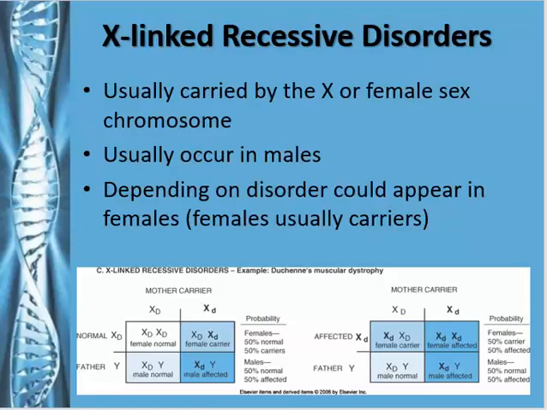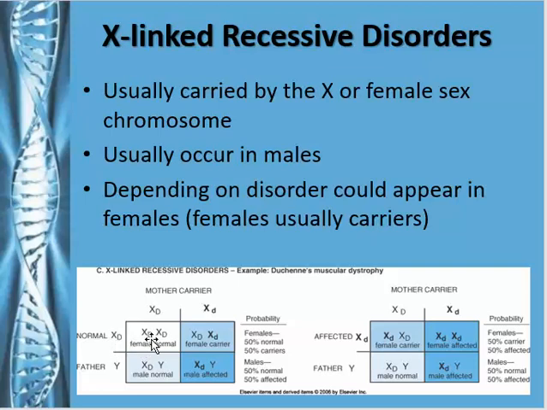So the X-linked recessive disorders usually occur in males, and they're carried by females. So the mother has, on the X chromosome, the normal gene and a recessive disorder gene. So the mother is normal.